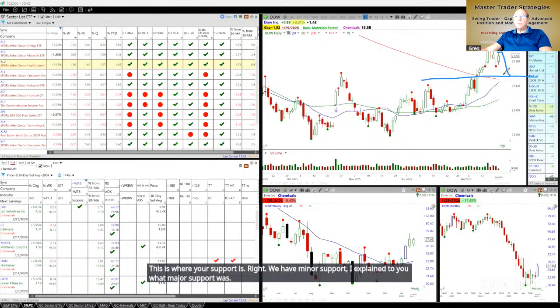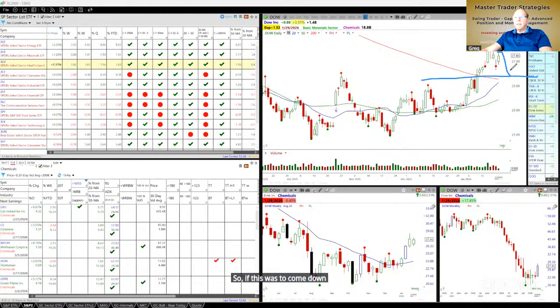So if this was to come down here and take one of these bottoming tail bars, and we get one of them here, some bottoming tail bar, which could be preceded by a down bar, where it's in an uptrend and it has bottomed, that is a buy setup.